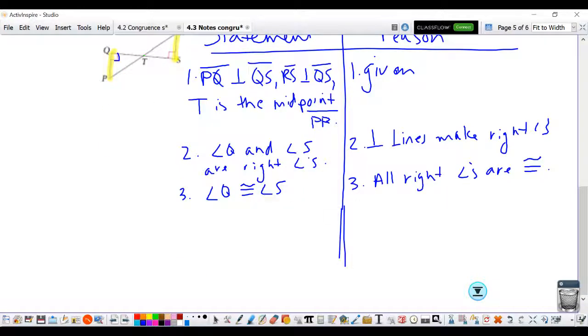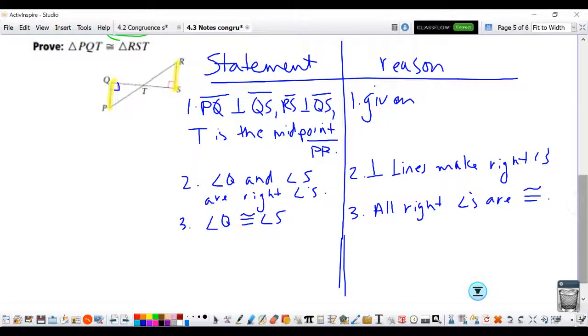Let's talk now about our midpoint. So now we know that we have congruent right angles. Our midpoint is the middle of PR. So I know that a midpoint divides the segment into two halves. So PT is congruent to RT because of the midpoint.